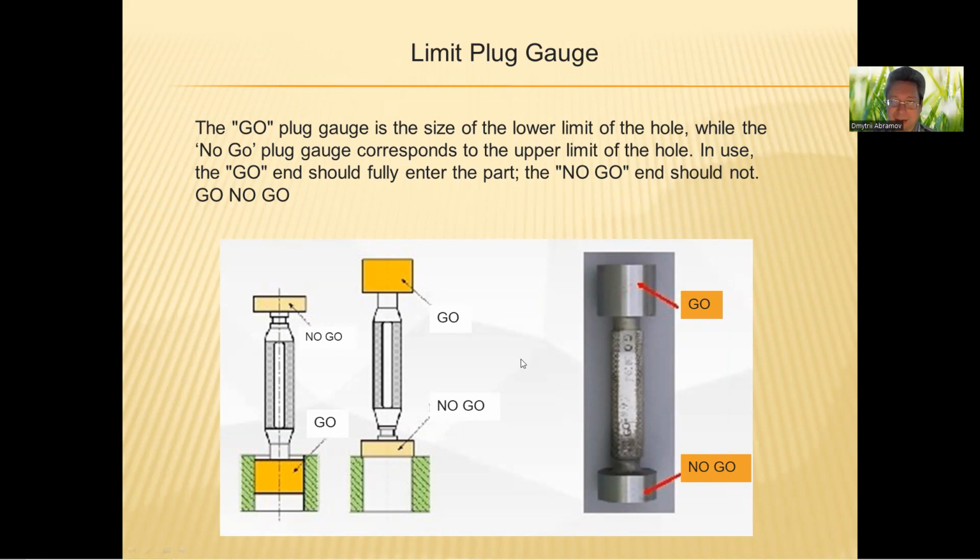Limit plug gauge. Write down to your notes this figure with no-go and go sides of the plug gauge. The go plug gauge is the size of the lower limit of the hole, while the no-go plug gauge corresponds to the upper limit of the hole.